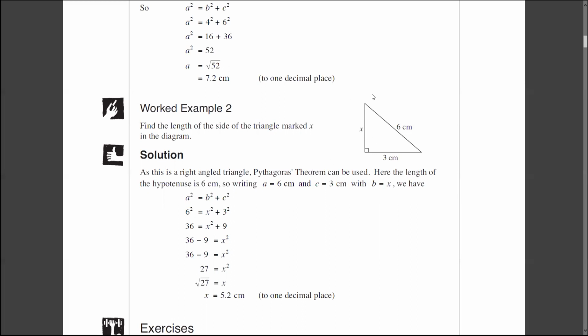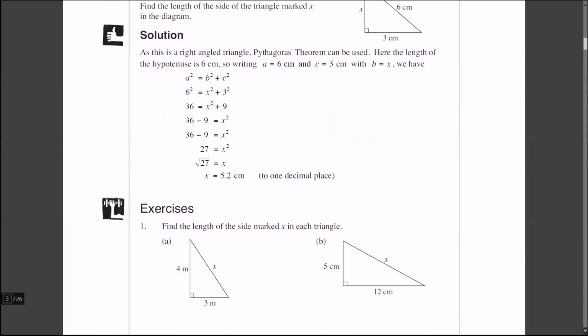So b equals x, but in the formula it's b squared, so you have x squared plus 3 squared, and then carry the 9 over. I want to isolate the x squared to solve for it, and then you get 27. Take the square root of both sides. x is equal to 5.2.